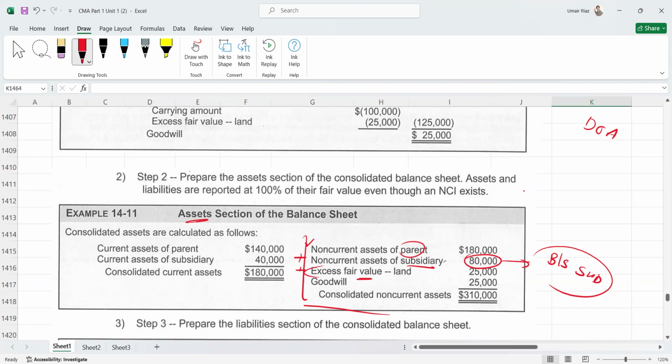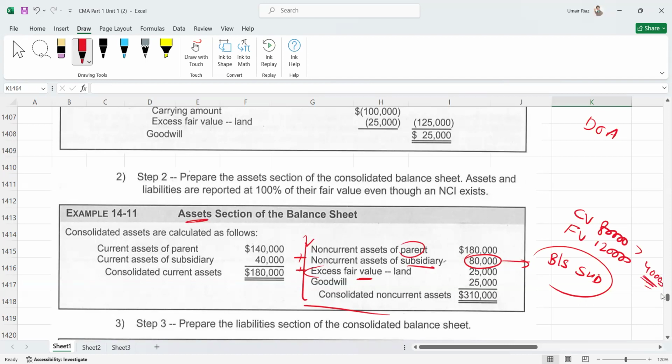For example, let's assume the carrying value was 80,000, but the fair value of the subsidiary asset is 120,000. So 40,000 is the difference between carrying value and fair value. This is called fair value difference.